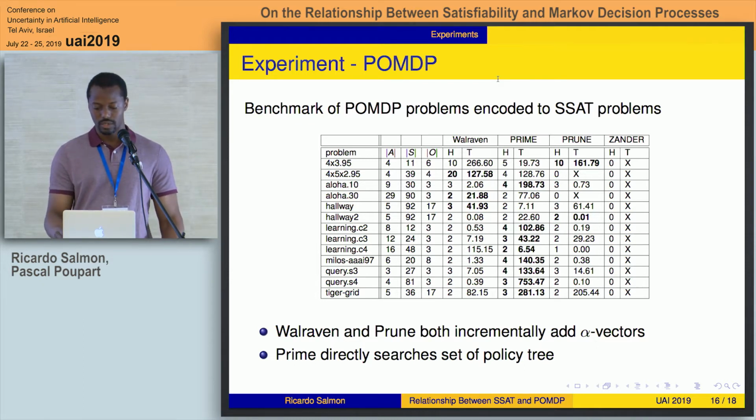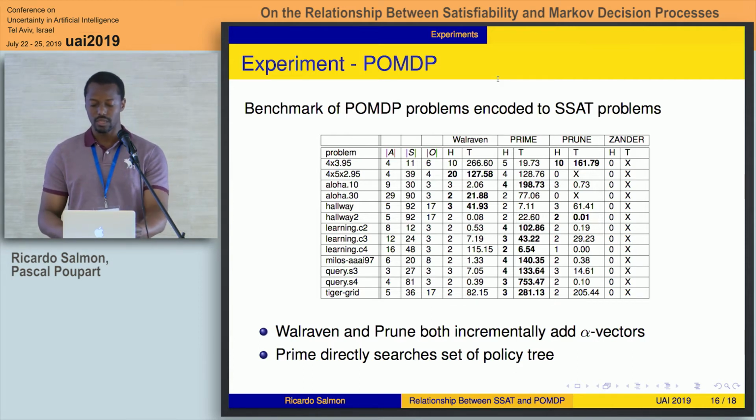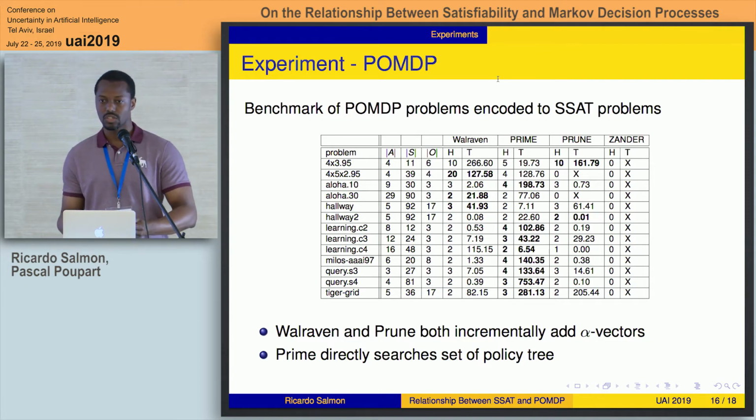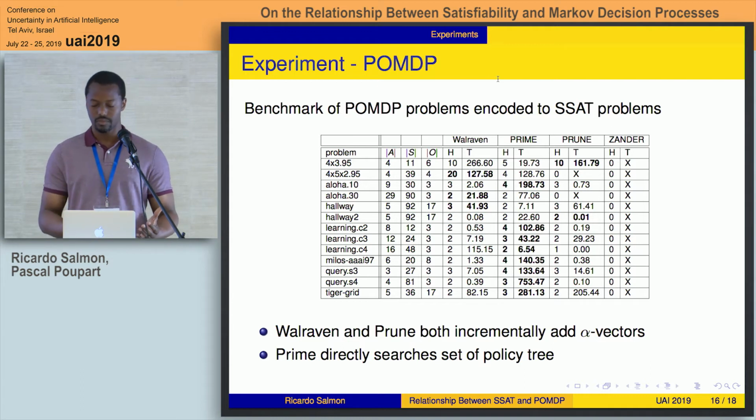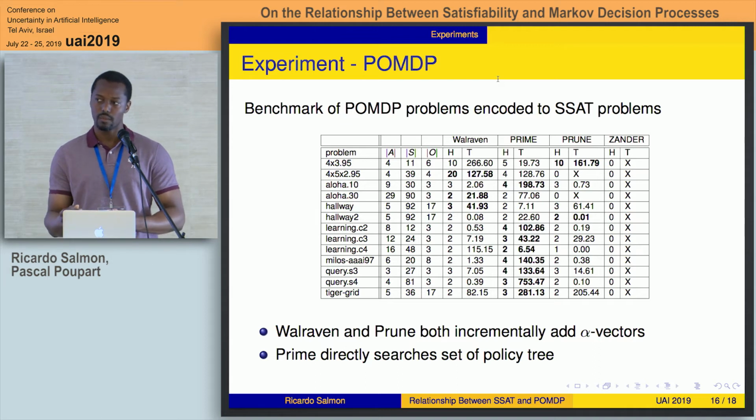And here we were able to get a higher horizon or lower time on 8 out of the 13 problems. And Xander is another stochastic SAT solver. So here, Prime was able to be efficient on a lot of these problems because it searches the policy space directly, whereas War, Raven, and Prune, when there's not a compact representation using alpha vectors, they tend to fail.